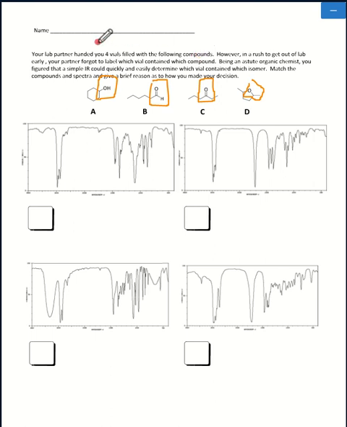In only one of these molecules is an OH functional group actually present. The nice thing about alcohols is that they tend to show up at around 3,000 wave numbers. The region on the left side of an IR spectra is more toward 3,000 wave numbers, whereas as you get closer to the right, you're looking more toward 500 inverse centimeters.